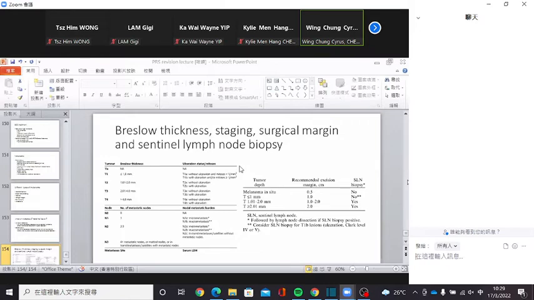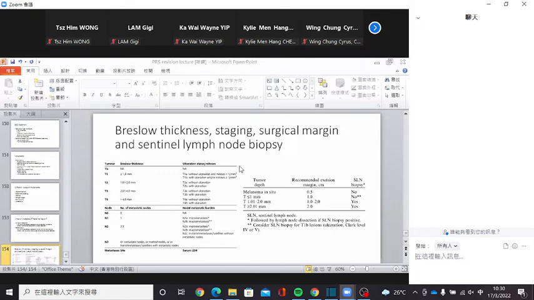Is that so? The thickness or the depth of the tumor. Okay, so this slide already gives you the answer. The depth of the tumor and the recommended excision margin: the depth of the tumor will govern your radial margin of excision and whether you proceed with sentinel lymph node biopsy.